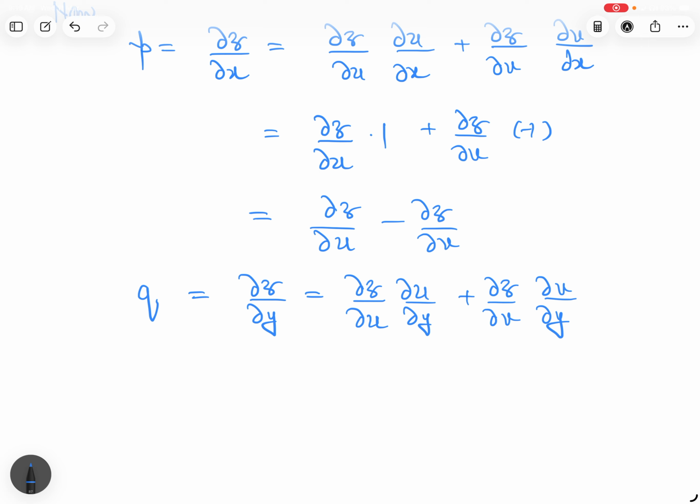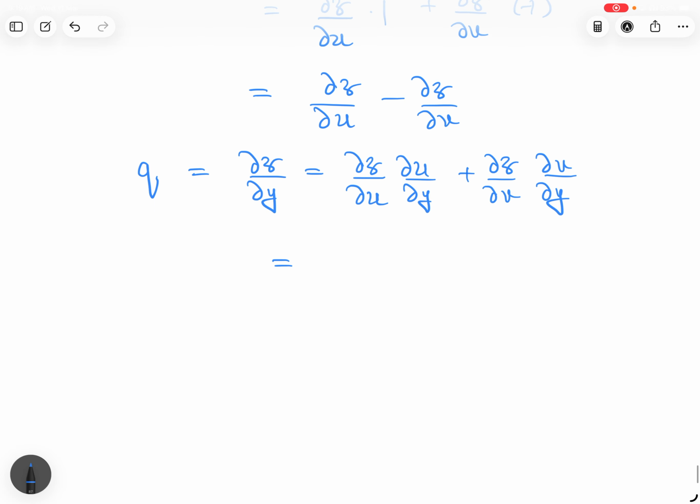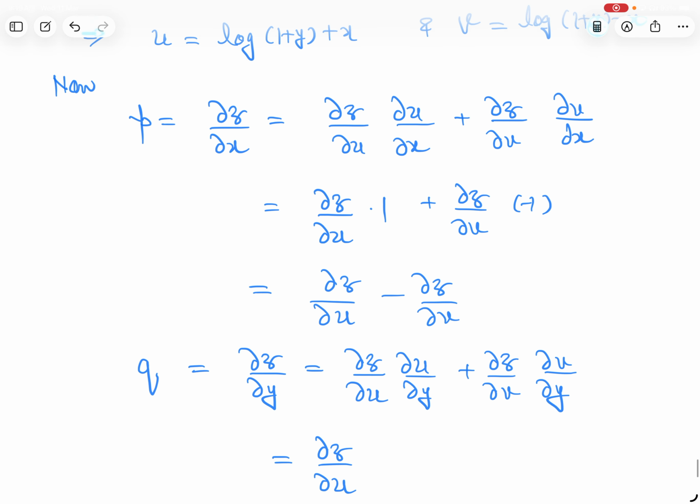Here x was coming, here y will come, same as it is. Now del z upon del u will remain as it is. We will keep the del u upon del y value. Can you tell me from here?